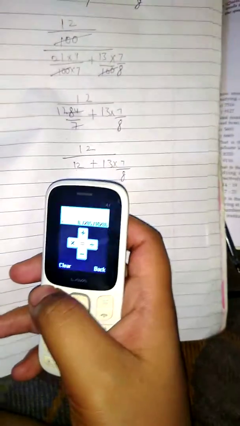We have to solve it on a calculator to get quick results.